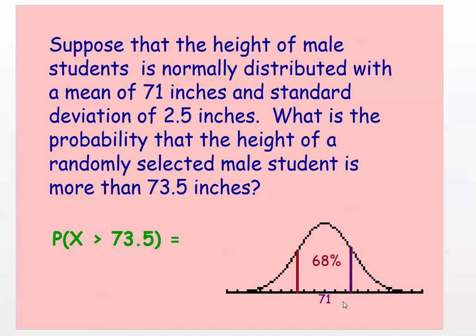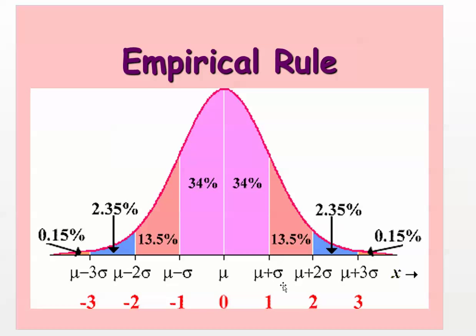If I add 2.5 to 71, I get 73.5. So 73.5 is relevant when we're talking about one standard deviation away. At one standard deviation away, I get 68% from it. I'm looking at this line right here, and we're asked about it being greater than this.